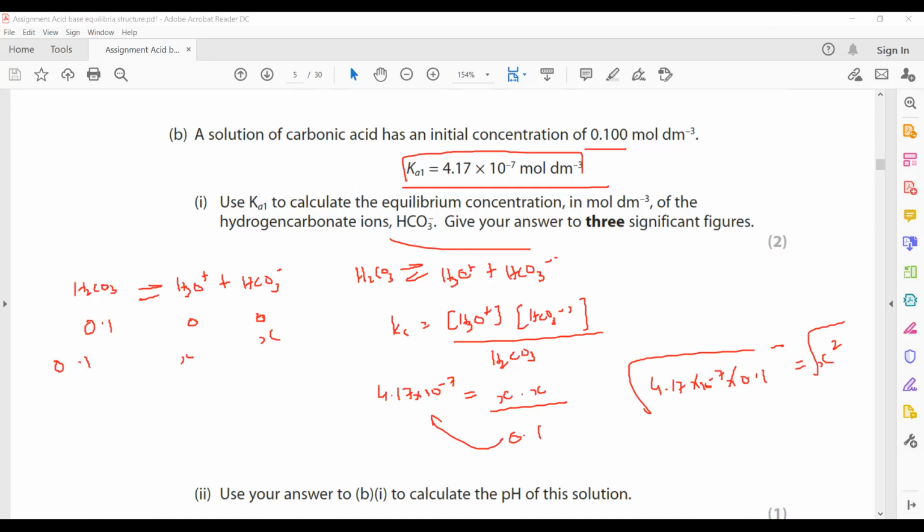The concentration of x is basically the concentration of hydroxonium ion and HCO3- ion. Both have the same concentrations. So the value of x is 2.04 × 10^-4, and that is the same as the hydrogen carbonate ion concentration, because the hydrogen ion concentration and the hydrogen carbonate ion concentration will be the same.